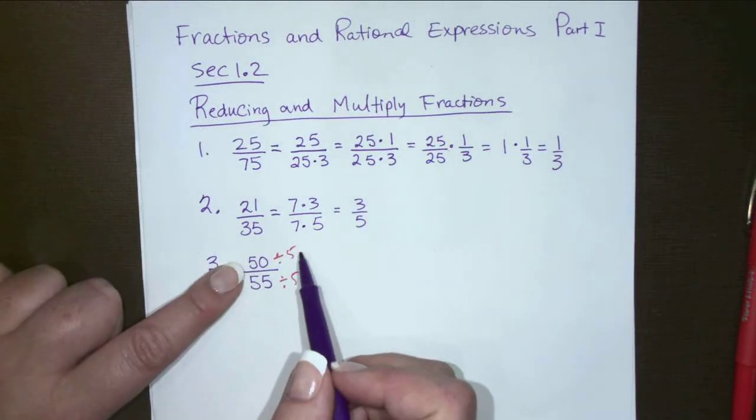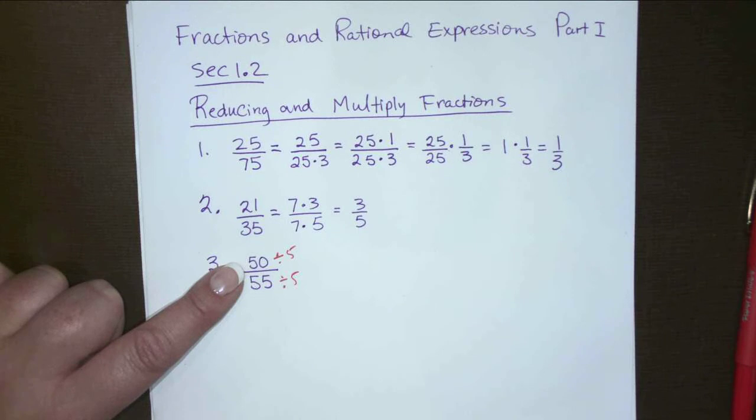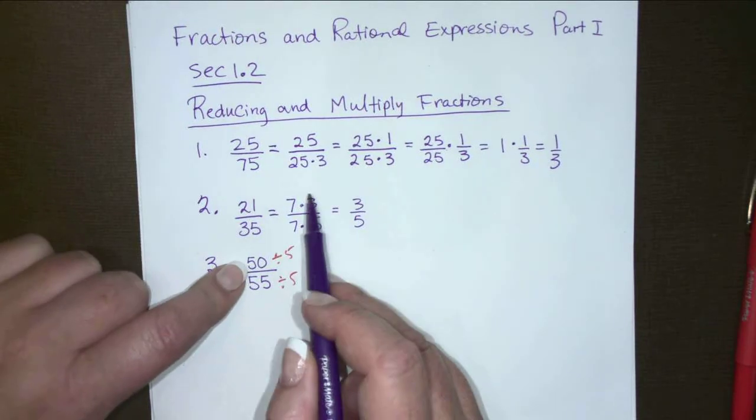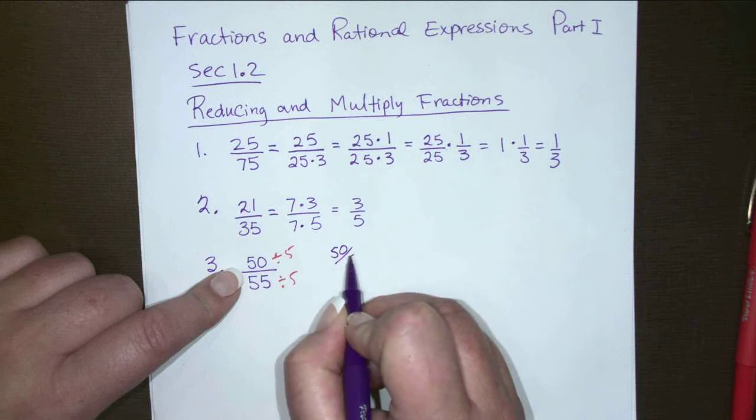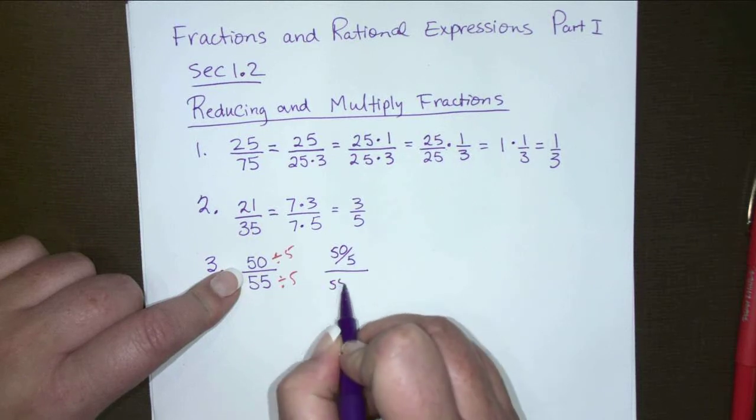Because why? Why can you divide both the top and bottom by a number? Right, because doing something to the top and bottom of a fraction is like dividing by 1. It's actually a little bit harder to see than this, because this looks like 50 divided by 5 over 55 divided by 5.